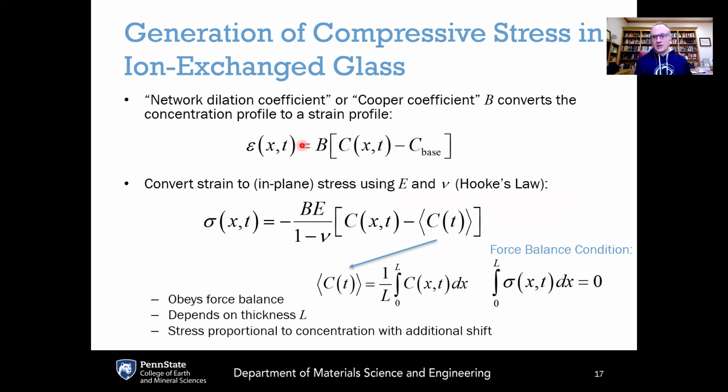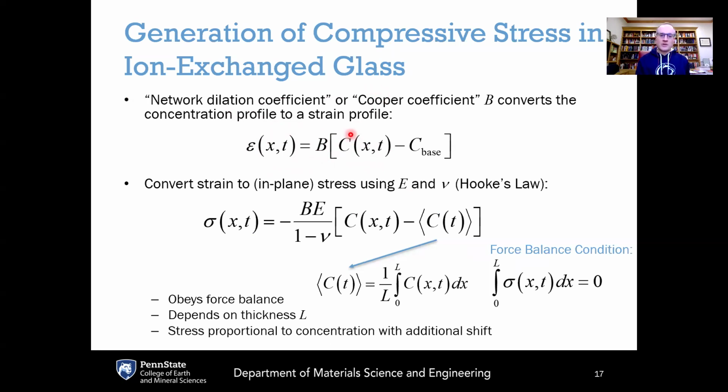And the proportionality constant between the concentration of the invading species and the strain that the glass experiences is this parameter here, B, which is called the network dilation coefficient or linear network dilation coefficient, also known as the Cooper coefficient in honor of L. Cooper, who was one of the pioneers in developing the physics of the ion exchange process and chemically strengthened glasses.